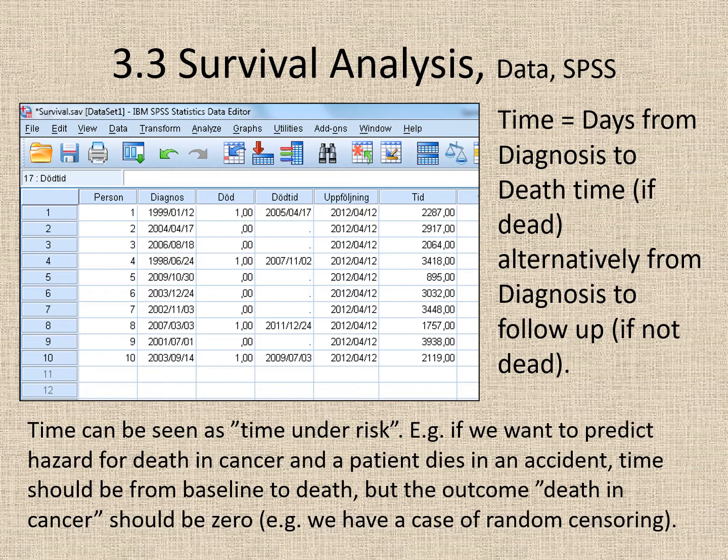So the time variable gives two different values, depending on if the event has occurred or not. If somebody of these persons moved to another country or something like that, so we can't know anything more about them, then we might have a date here when we lose track of him or her. So we calculate the time from the diagnosis until we lose the track of them. Okay, and event would be 0 here.